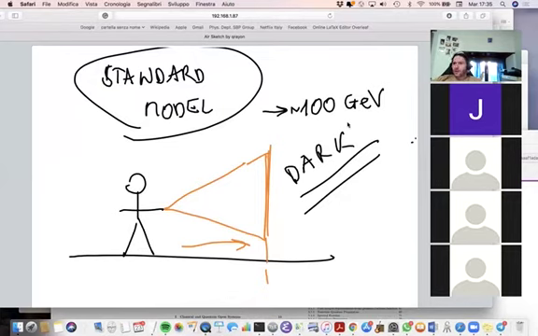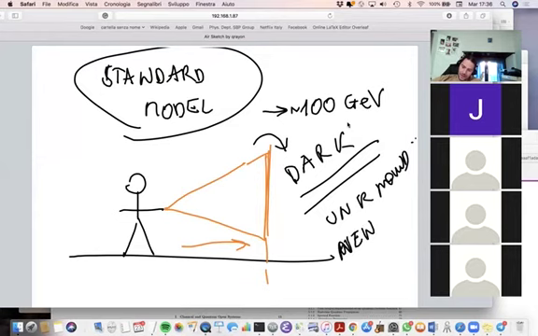You really don't know whether at the end, where it's dark, for some reason the corridor ends and you're in the middle of a forest, in something completely unexpected. So the dark place is the unknown. And that's where new physics sets in. That's the place where new physics is.